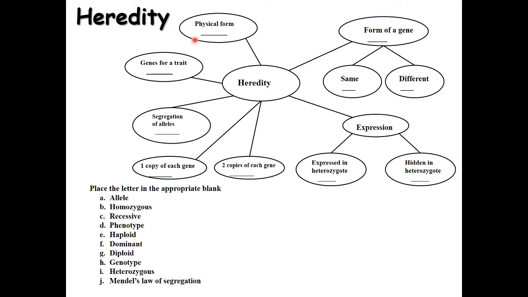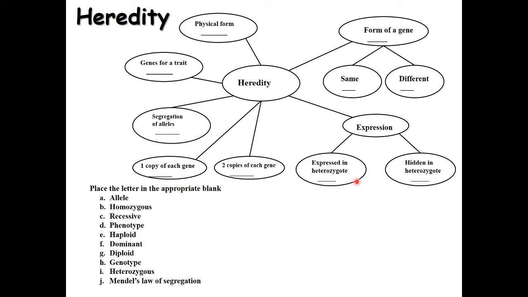Okay, Misty, can you do this circle here? Physical form. Okay. Heath, can you do this one? Genes for a trait here. Heath will do this one. Segregation of alleles. Dahlia, you can do this one. One copy of each gene. Neri, you can do this one. Saul, you can do two copies of each gene.